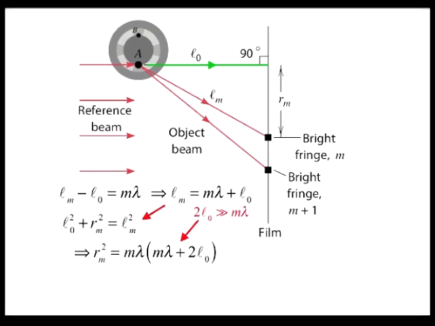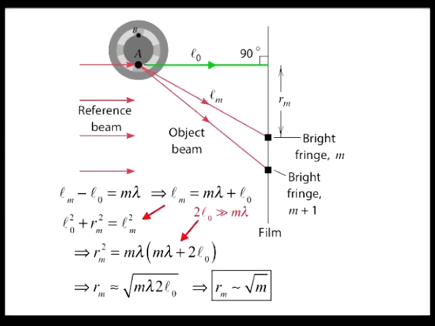For instance, L0 is usually around 10 to the minus 1 meters and lambda is around 10 to the minus 6 meters. Therefore, we can eliminate the m lambda term in the brackets and find that Rm is approximately equal to the square root of m lambda times 2L0. Or we can say that Rm is roughly proportional to the square root of m.